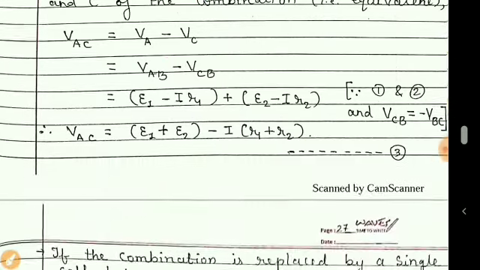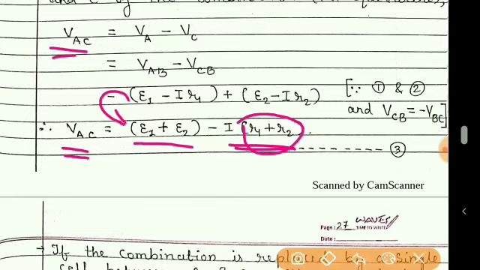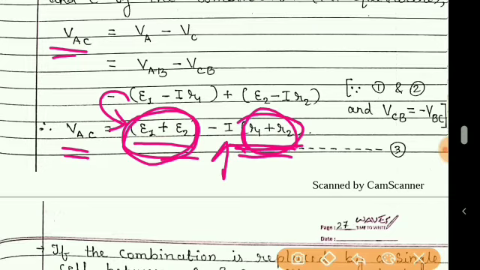After simplifying, VAC is equal to epsilon 1 plus epsilon 2 minus I into R1 plus R2. Normal simplification is there. Here the terms are with epsilon, and here this term is with I into R. R is this total resistance.